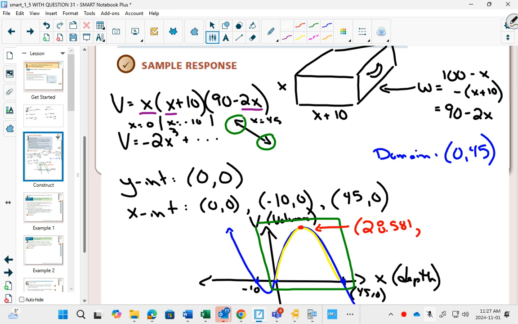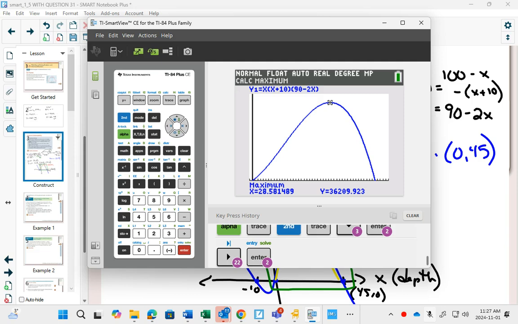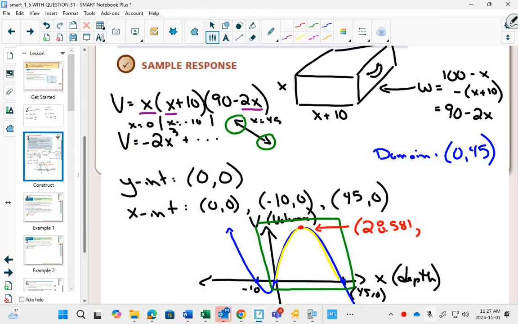No, I'm not going to remember the numbers. 36,209.923. Units. What were our units? Centimeters. And so our volume would be centimeters cubed. Forget units and you get an E5 error.